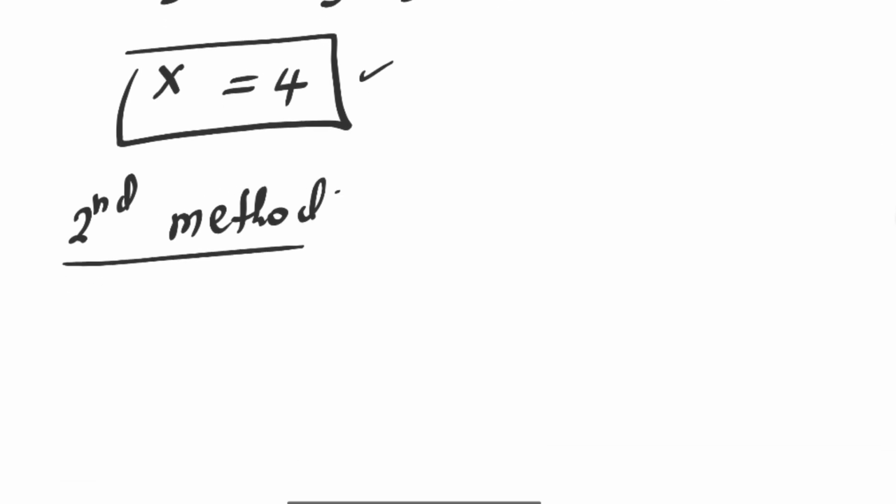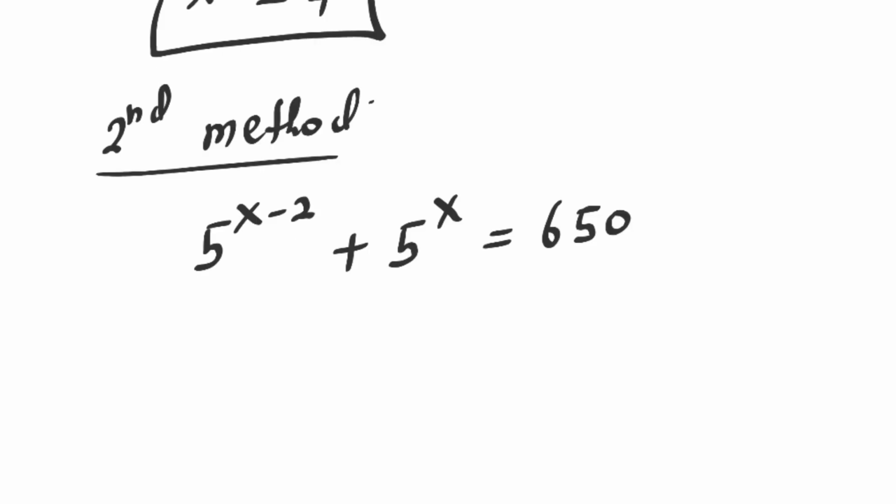We have the given equation 5 raised to power s minus 2 plus 5 raised to power s is equal to 650. Do you agree with me that 5 raised to power s is equal to 25 multiplied by 5 raised to power s minus 2?